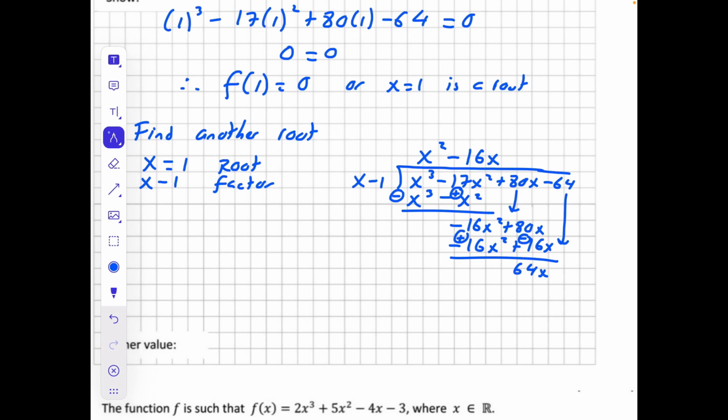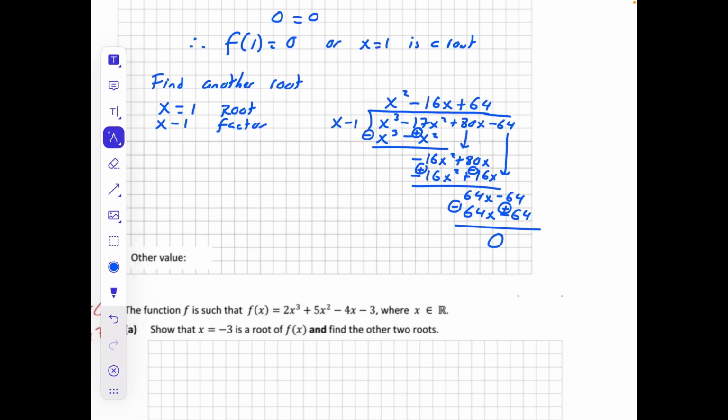Then we have 80 minus 16x, which will give me 64x, and then this will be minus 64. What would you multiply x by to get 64x? You would multiply by 64. 64 multiplied by x is 64x, and 64 multiplied by minus 1 is minus 64. Change your signs, and you'll end up with 0.